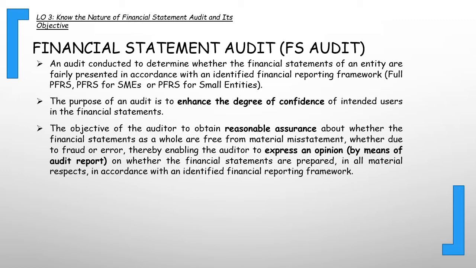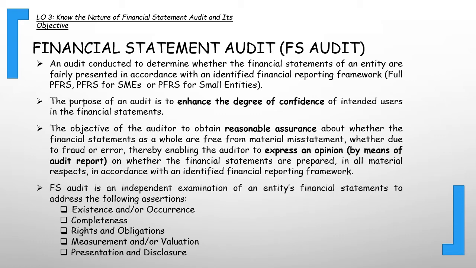Okay? Bali, nagre-review lang tayo, tapos nyo na to sa auditing theory. So, nire-review lang natin. Kasi yung focus ng application 2 is sa financial statement audit. Then, FS audit is an independent examination of an entity's financial statements to address the following assertions.